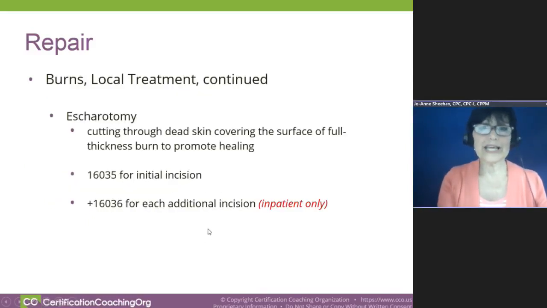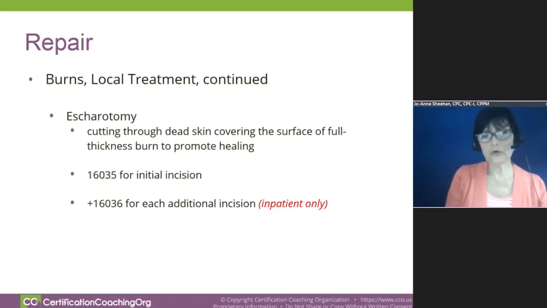We're getting towards the end here where we talk about the burns, the local treatment. It's continued, and that's the escharotomy, and that's cutting through dead skin covering the surface of a full thickness burn to promote healing. And these are inpatient codes. 16035 is for the initial incision, and then we have add-on code 16036 for each additional incision.